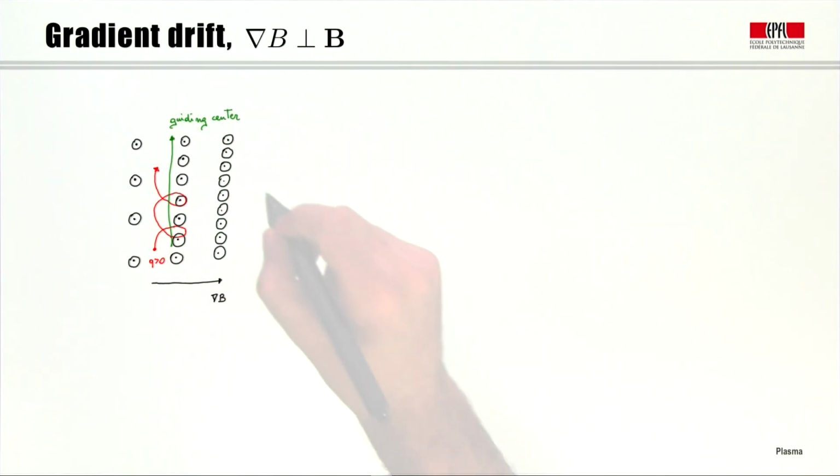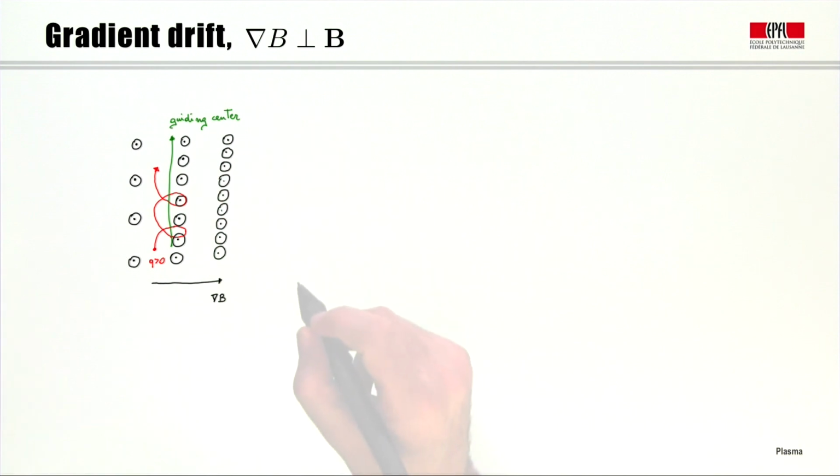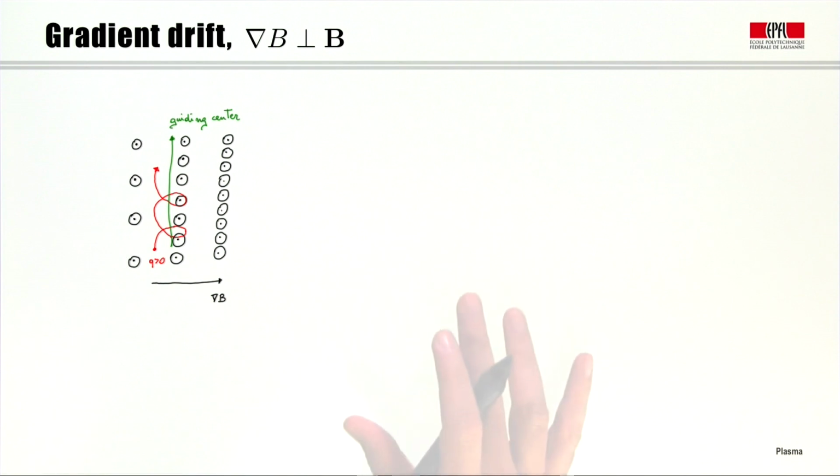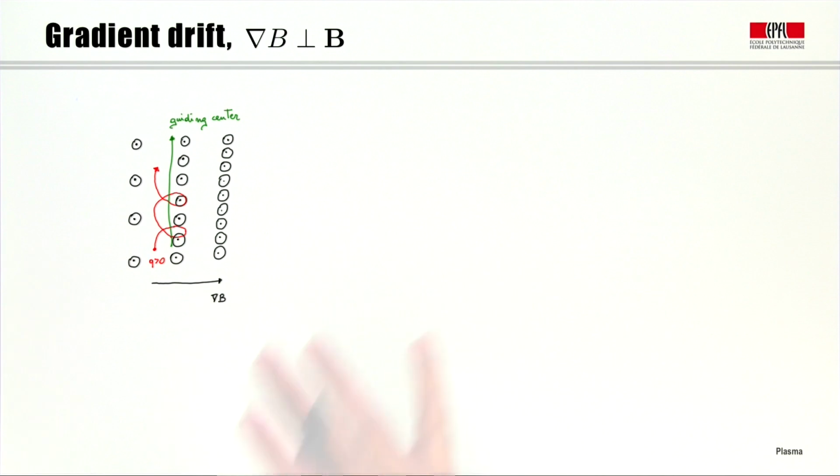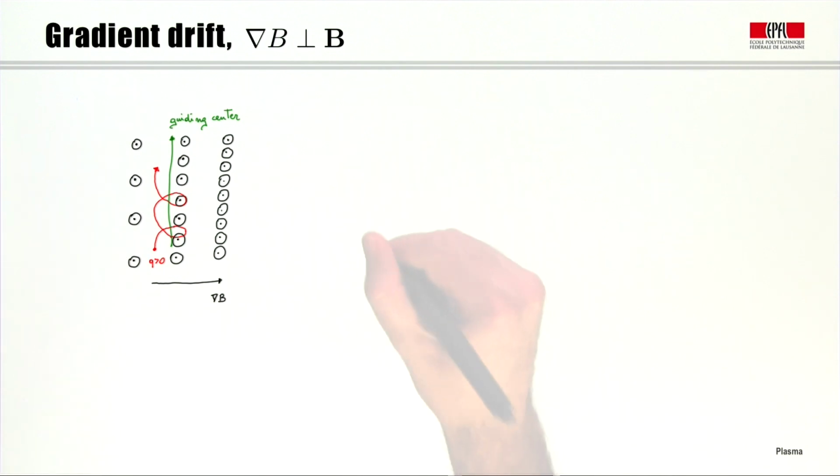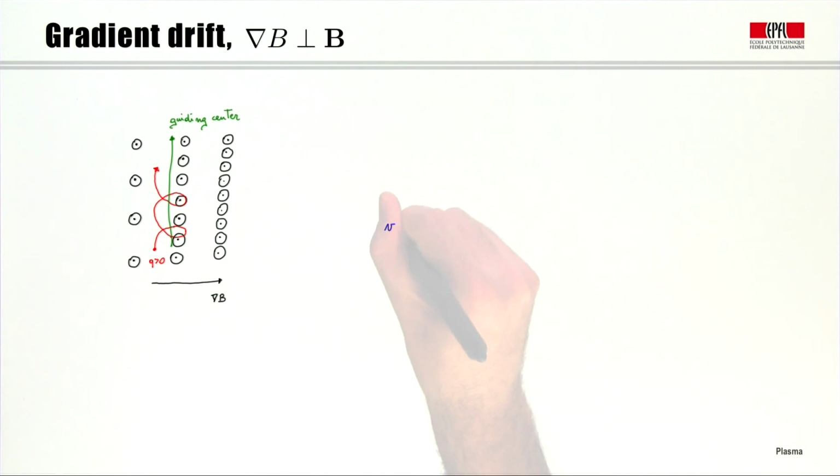Now, what is the velocity of the drift of this guiding center? Well, the calculation is fairly complicated and you can find it in an appendix to the present lecture. Here I will just give the result, that is what you actually will need in the future.